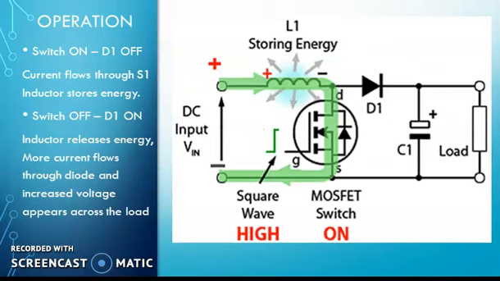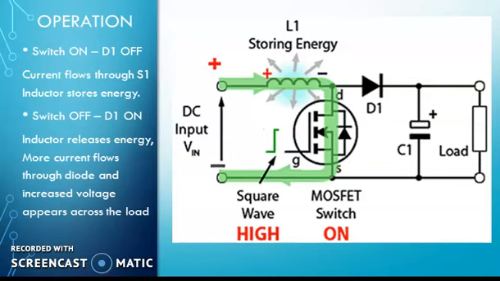So when the switch is on, when the MOSFET is on, when the high pulse is given at the gate terminal of this MOSFET, the DC voltage applied at the input makes the inductor start storing its energy, and current flows through the inductor and the switch.